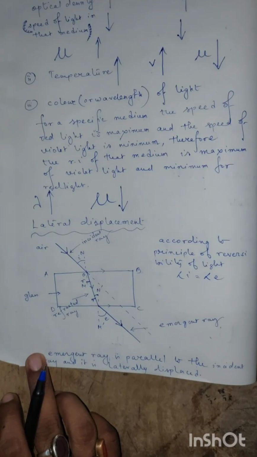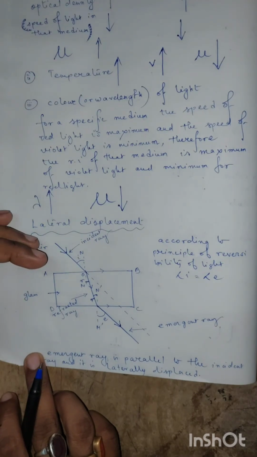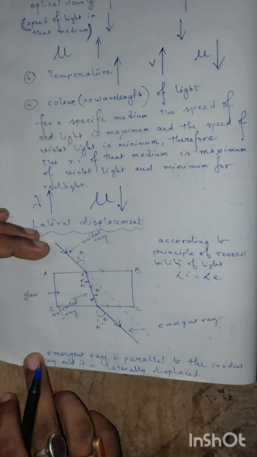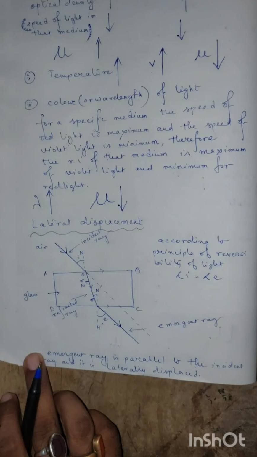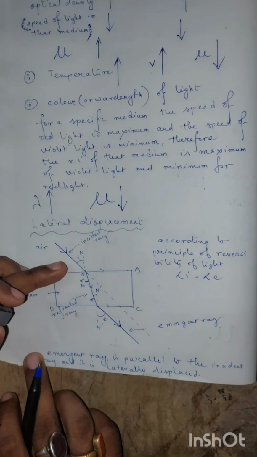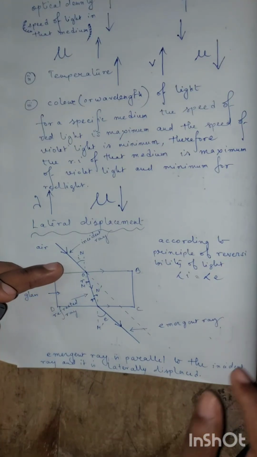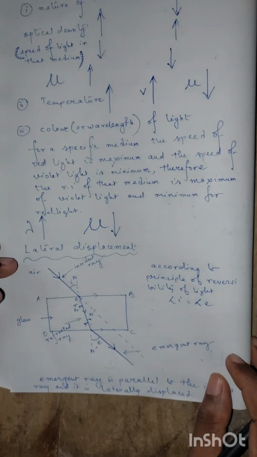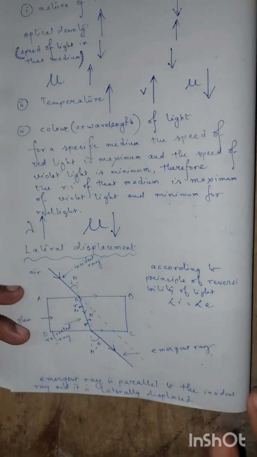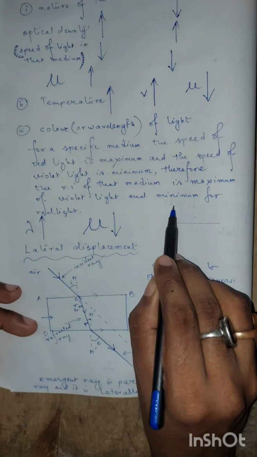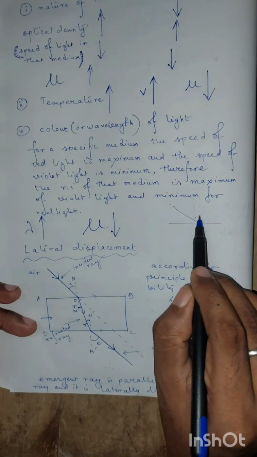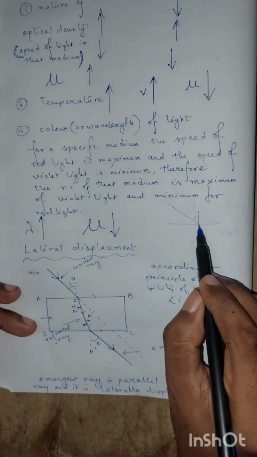Principle of reversibility of light says when we send a light ray from one medium to another medium, something like this, it gets refracted.